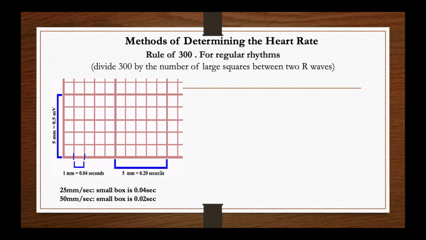What it means is that it takes 0.20 seconds to get one whole large square. Now, how does this knowledge help us to determine the heart rate? And how do we come by this 300? It's not so difficult. I'll explain to you.